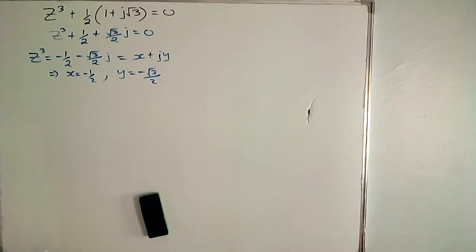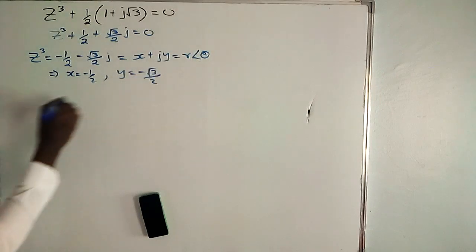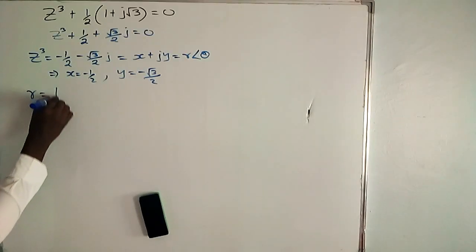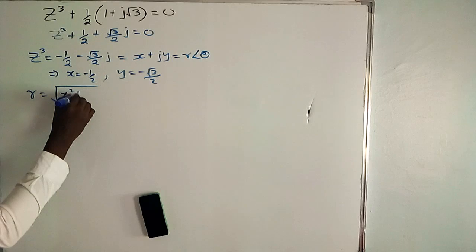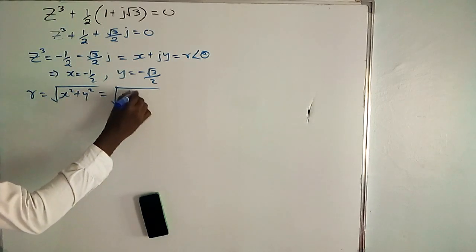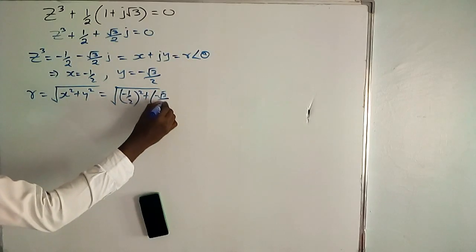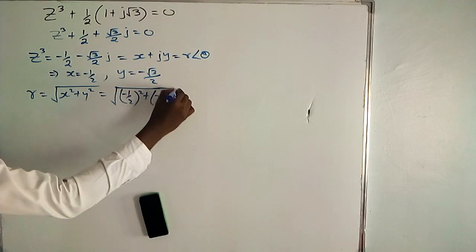So what is r? So r is the Pythagoras theorem, that is square root of negative a half squared plus negative root 3 over 2 squared, because r is supposed to be the square root of x squared plus y squared, isn't it? So what do you find to be r?